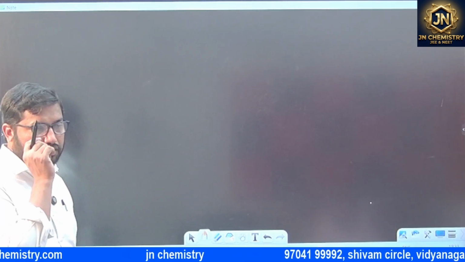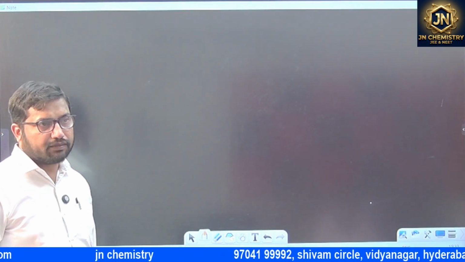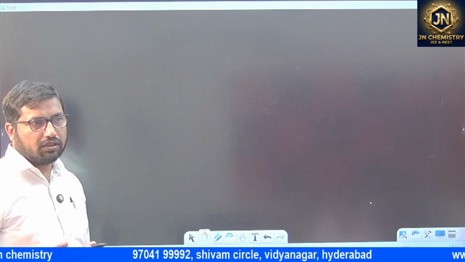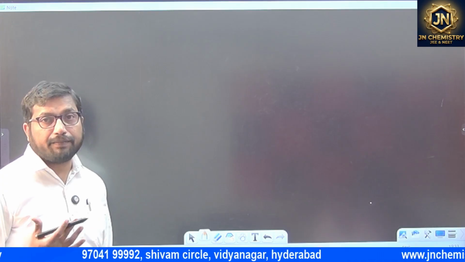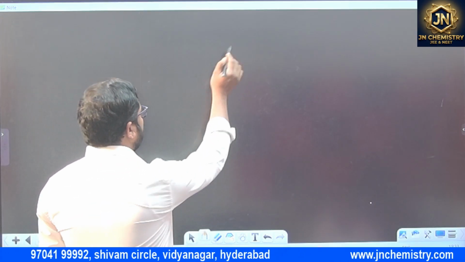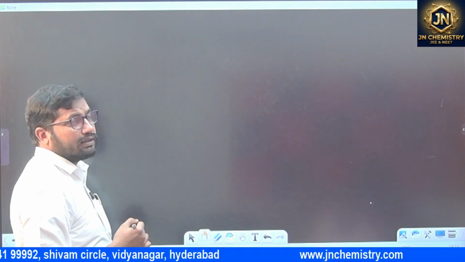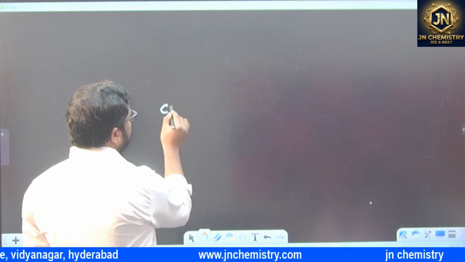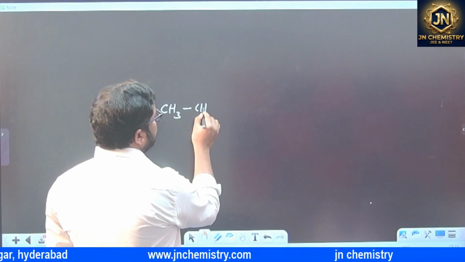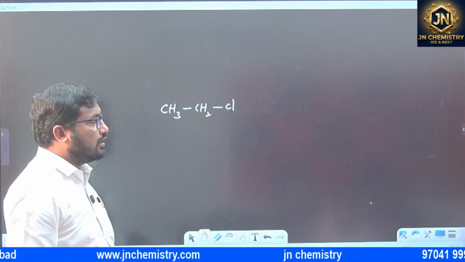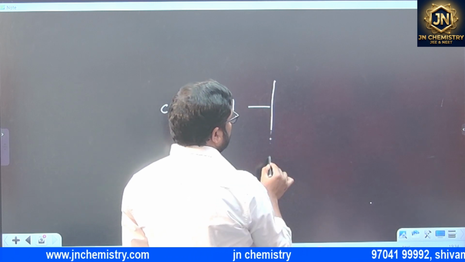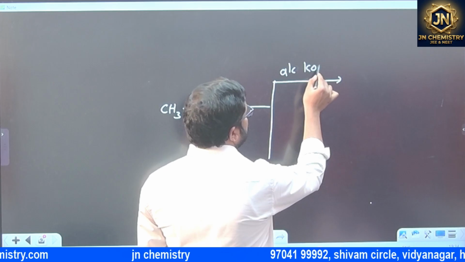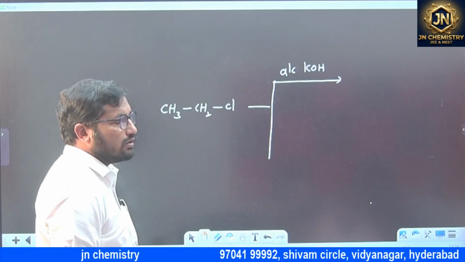Write it down. Elimination reactions are there, for example dehydration, dehydrohalogenation, dehalogenation. In all the cases, we can prepare alkenes. For example, here are Saytzeff product and Hofmann product, like a lot of things. So first we'll discuss, write one important reaction: CH3CH2Cl using alcoholic KOH.